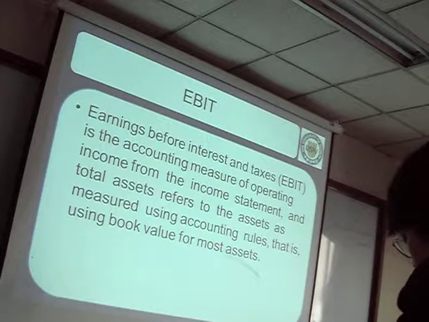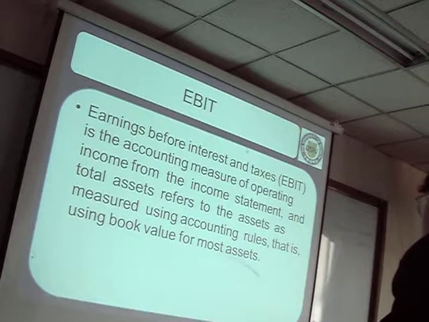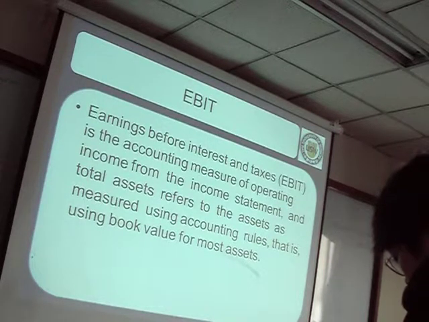So if we look at the income statement, we're going to have something like this, right? We have revenue at the top, where we get our money from. So this is an income statement or profit and loss account, right? So we have revenue, then we have costs.